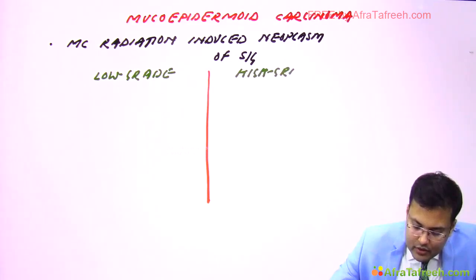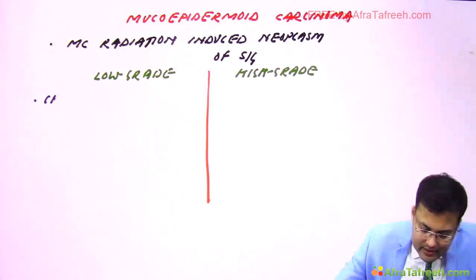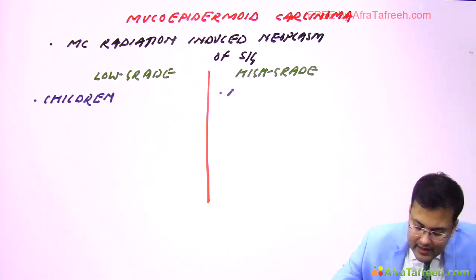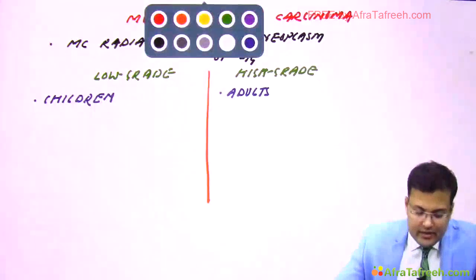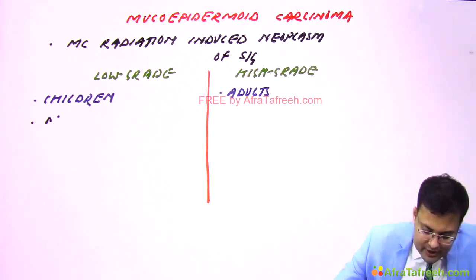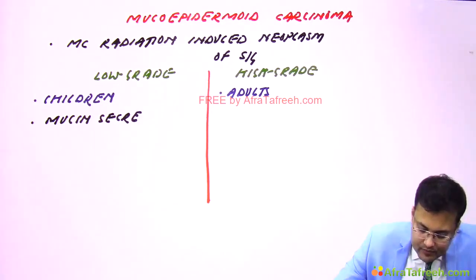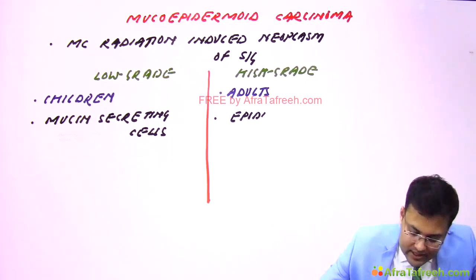Clear? So low grade mucoepidermoid carcinoma is more common in children, and high grade is more common in adults. What are the predominant cells in low grade mucoepidermoid carcinoma? Mucin secreting cells are predominant, and in high grade it is epidermoid cells.